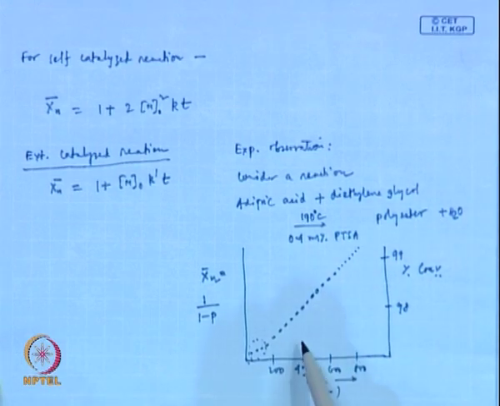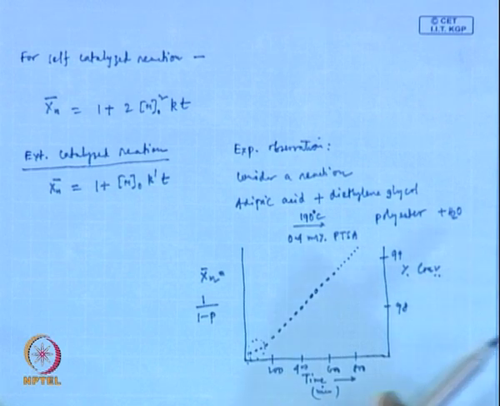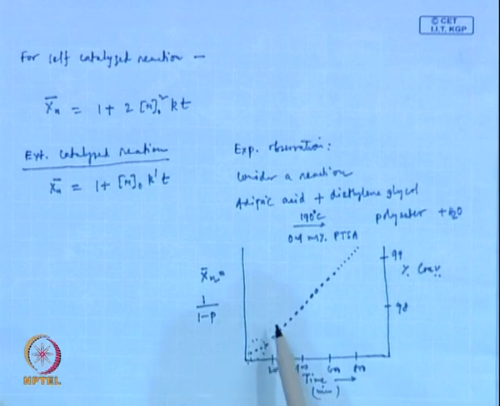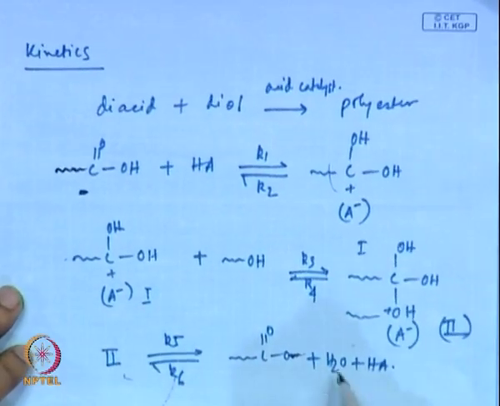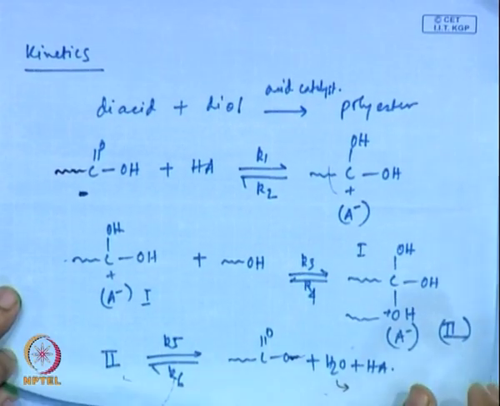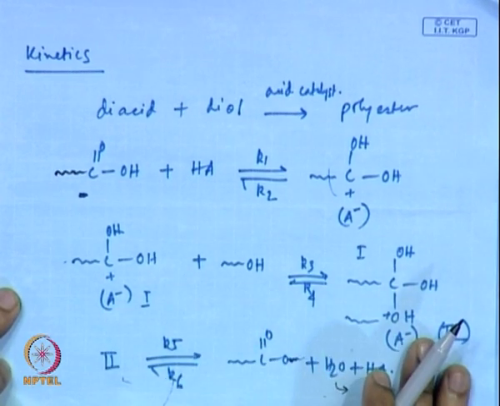Remember, what are the other conditions we have assumed or imposed during the derivation of this expression? It was that there is 1:1 stoichiometric composition of the two monomers or two functional groups, in this case carboxylic acid and OH, and also we are taking out this condensate, this small molecule, so that practically the reaction is irreversible.